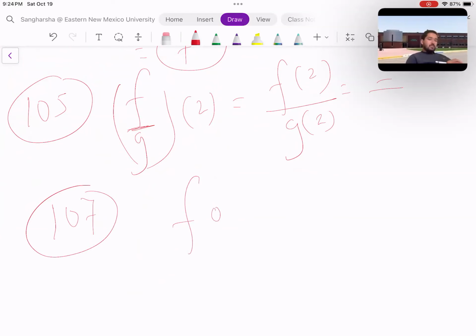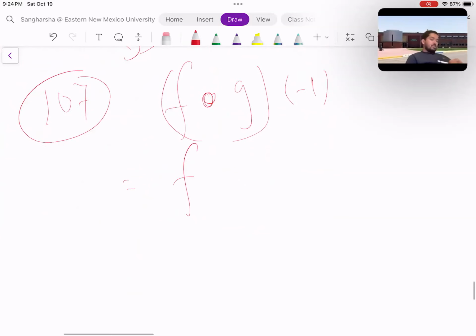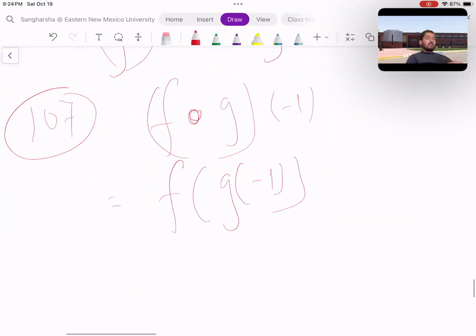F composite g of negative 1. So this is composite, not multiplication. So use the definition. So f of g of negative 1. So you find g of negative 1. You substitute here. Whatever you get, find f of that number and you get the final answer.